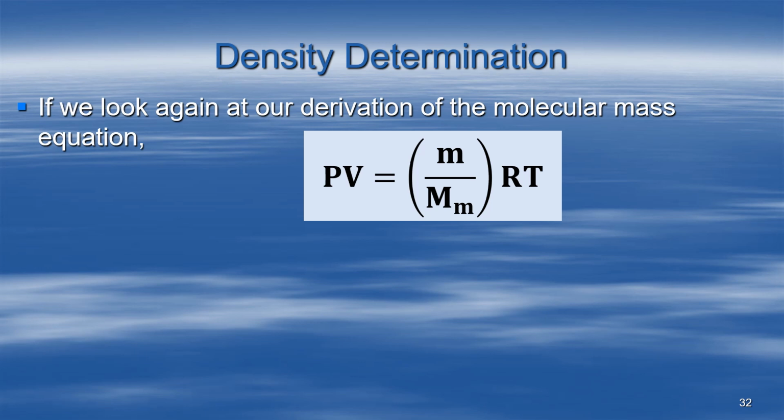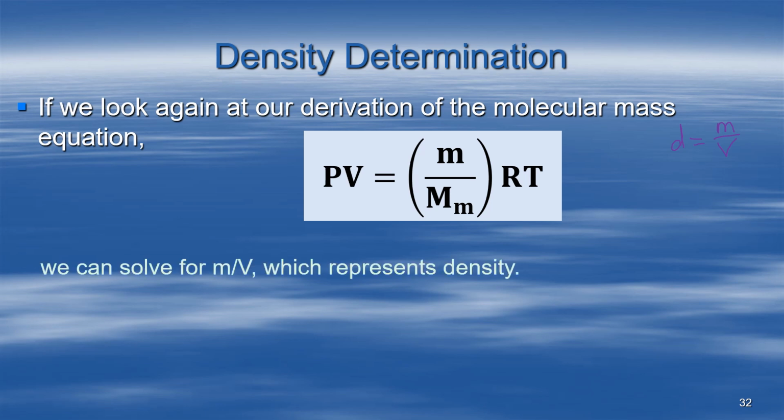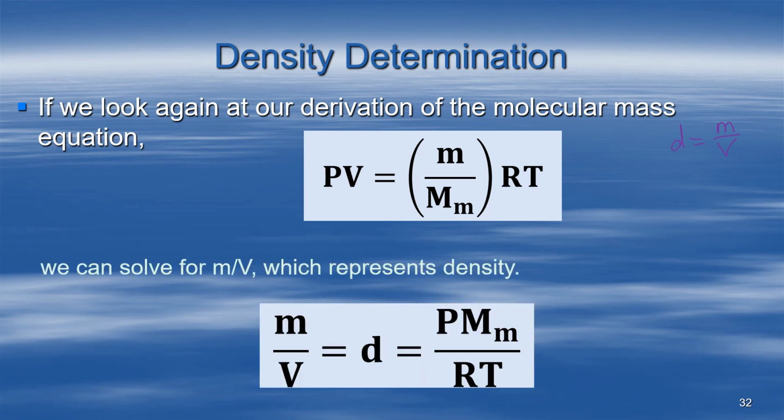Going back to PV equals nRT, with m over MM for n, we also know that density equals mass over volume. If we rearrange one more time and solve for mass divided by volume, which is density, then density is the pressure times the molecular weight divided by R divided by T. That's just another version of the ideal gas law.